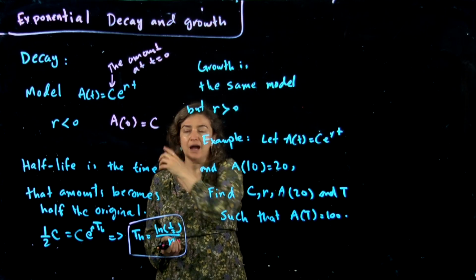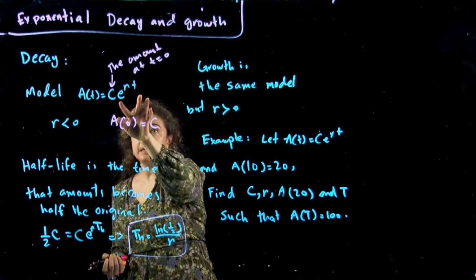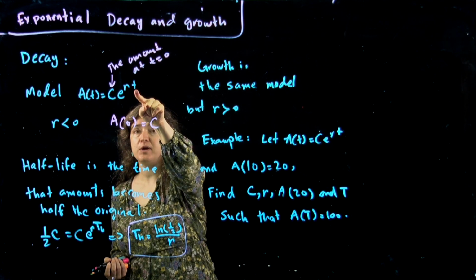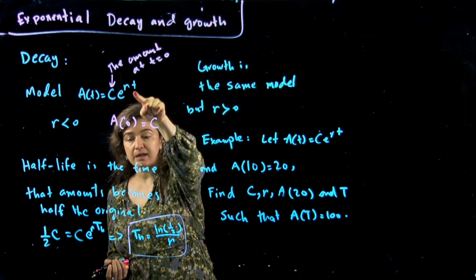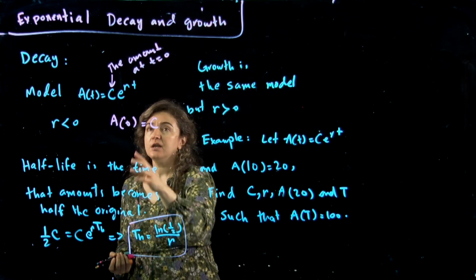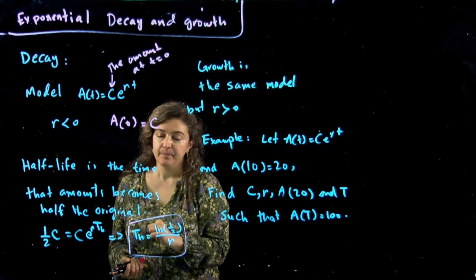Now, if I plug into the equation the half-life time, that would be c e to the power r t sub h, and then the output should be 1/2 of c.